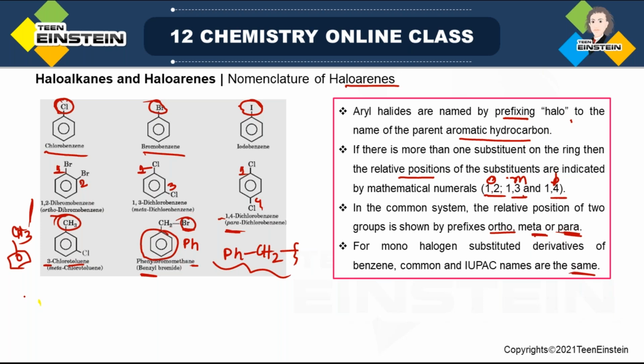There must be some group, otherwise position doesn't matter. So see here, it is only one halogen, so no position we have mentioned. But in this case, there is methyl group, which is at 1 position, so chloro is at 3 position with respect to methyl. That is, it is 3-chlorotoluene. But if it is common name, it will be meta-chlorotoluene. Okay.